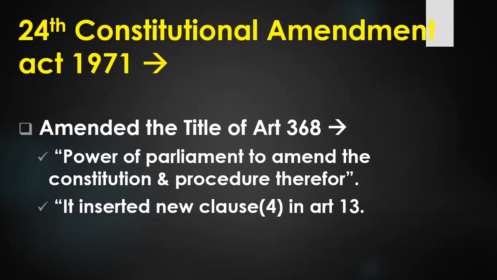The 24th Constitutional Amendment Act 1971 amended the title of Article 368. Earlier, the title of Article 368 was 'Procedure to amend the Constitution'. But now the title became 'Power of Parliament to amend the Constitution and procedure therefor'.